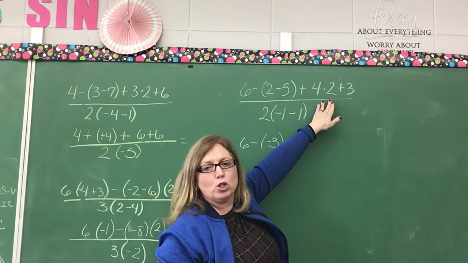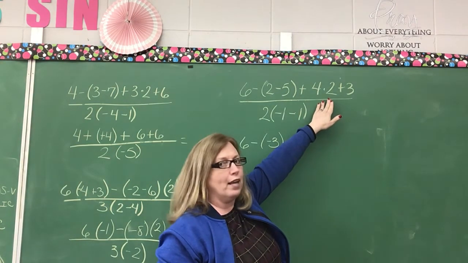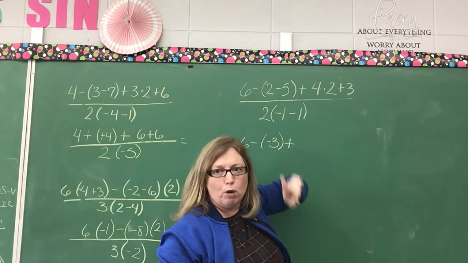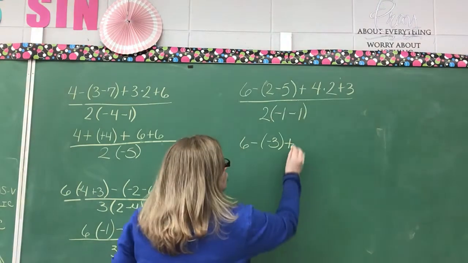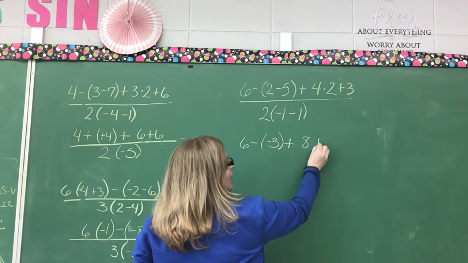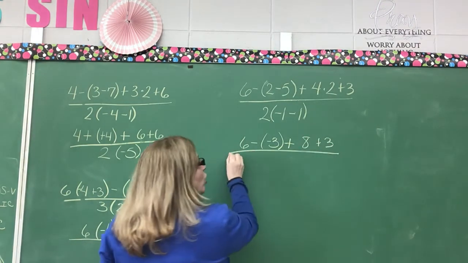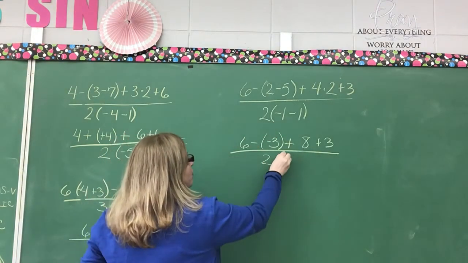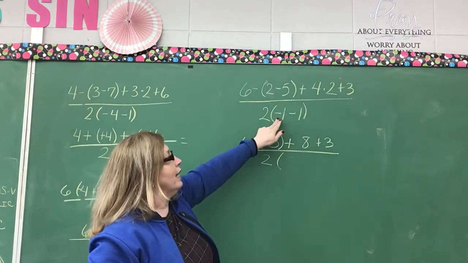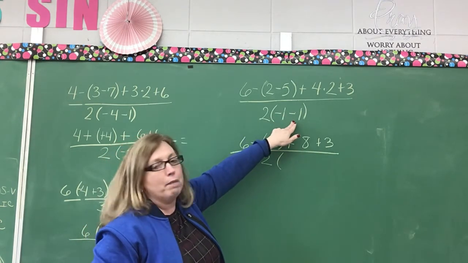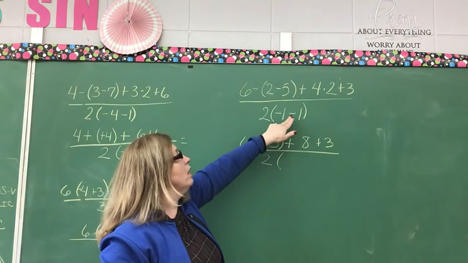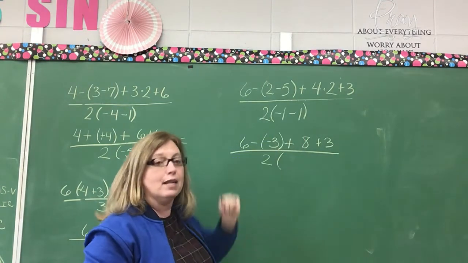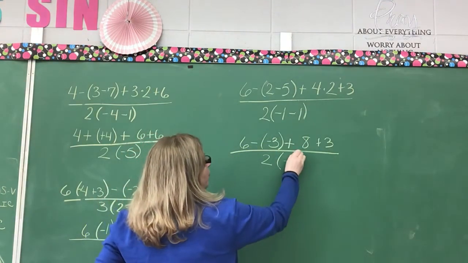We have 4 times 2 plus 3. The only thing I can do is the multiplication, because you multiply before you add or subtract. So 4 times 2 is 8, plus 3, draw your line. Go back to your parentheses, bring down the 2, parentheses, negative 1 and minus 1, so we're going to say negative 1 plus negative 1 is negative 2.